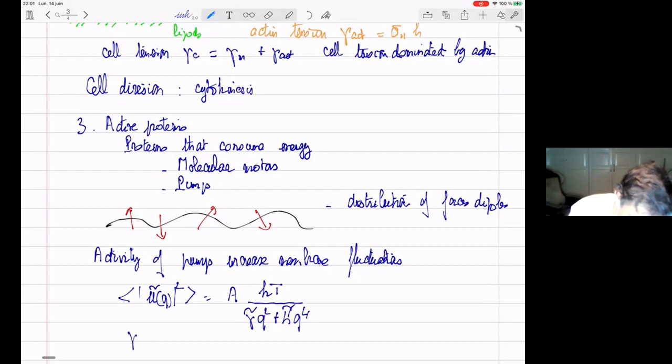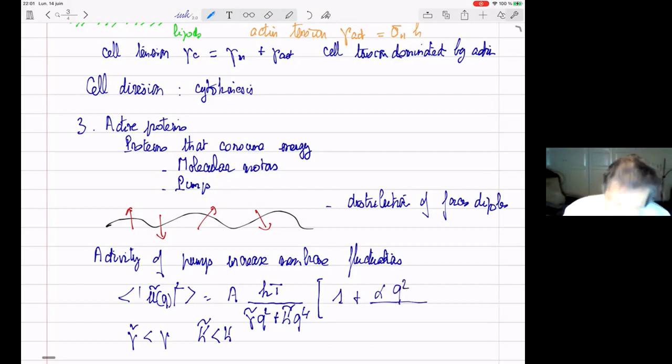So gamma tilde is smaller than the original gamma, and kappa tilde is smaller than the original kappa. And the change in tension and modulus is related to moments of this force dipole that I was talking about. And then there is another correction, which is 1 plus some constant times q squared over (kappa tilde q squared plus gamma tilde).